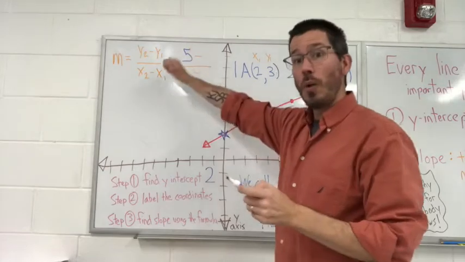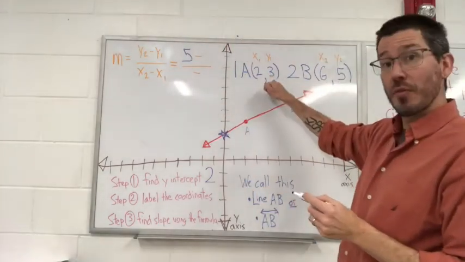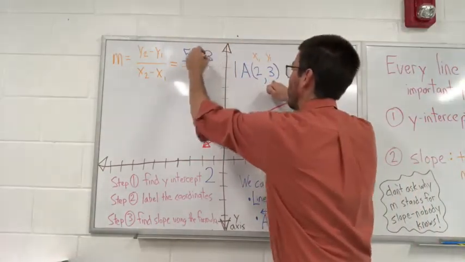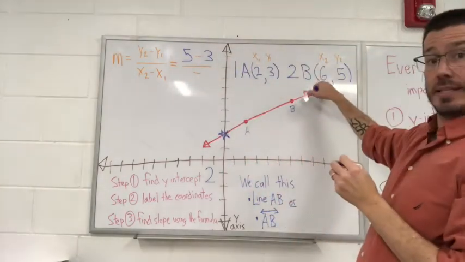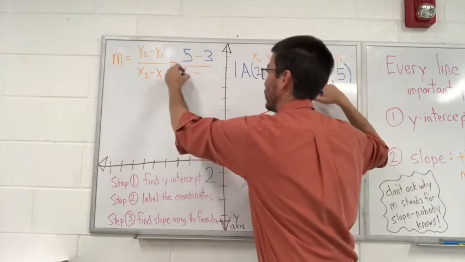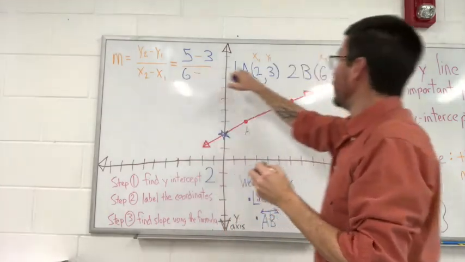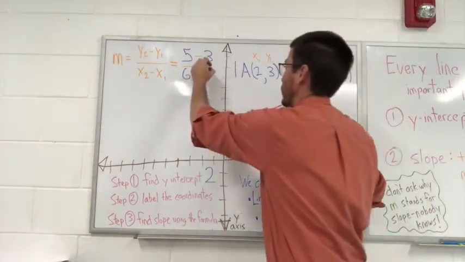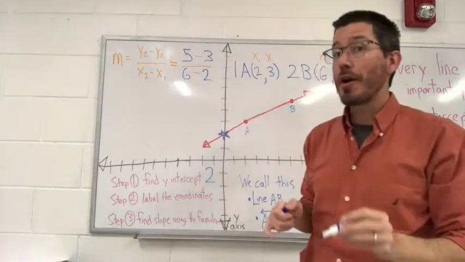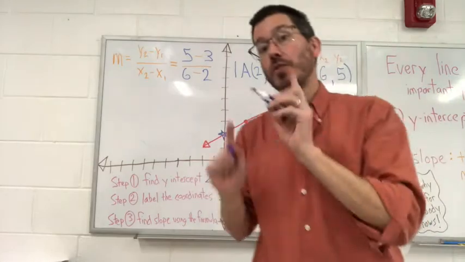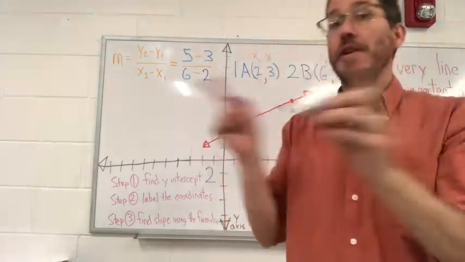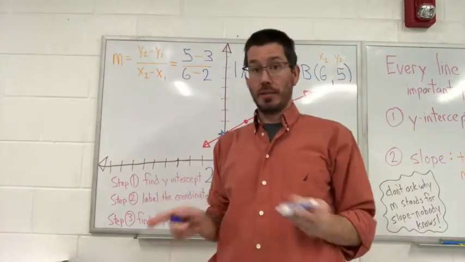Y2 is 5. Y1 is 3. X2 is 6. And X1 is 2. It's not hard, but you have to do it right. If one number goes in the wrong spot, that's another number that's going to be in the wrong spot, and you'll get the wrong answer.